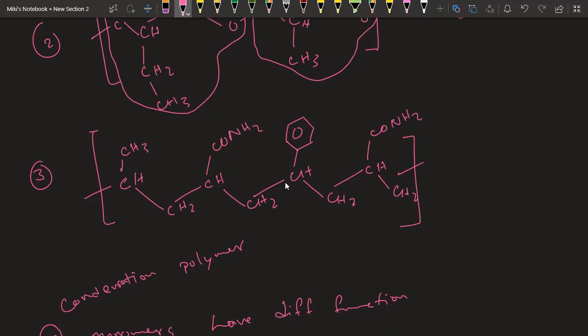Then over here, what could be a repeating unit? Let's see. We do have an NH2 bond here, and we have this benzene. So what makes much more sense is this one could be one such. Another such could be, let's say, this one.